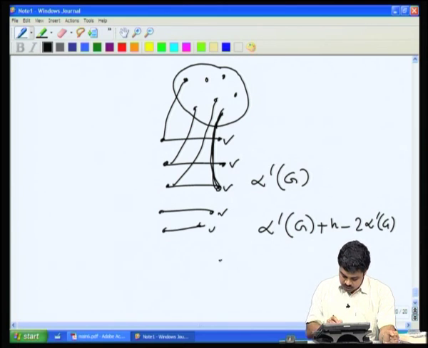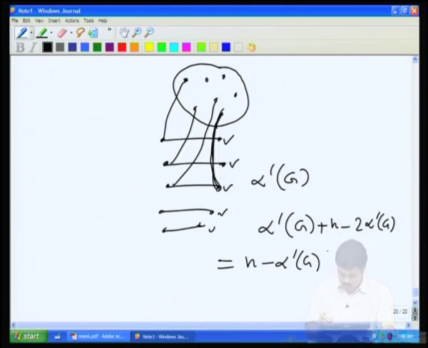So this is equal to n minus alpha dash of g. So we see that this value is definitely an upper bound for our beta dash of g. This only shows that n is greater than or equal to beta dash of g plus alpha dash of g.